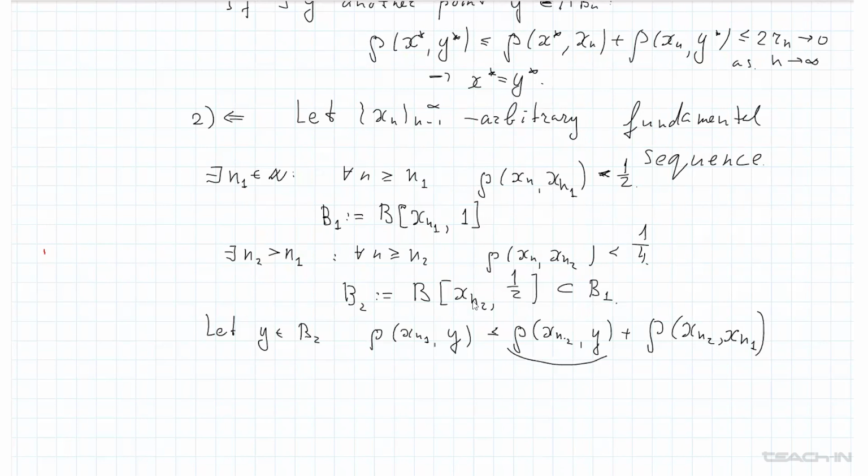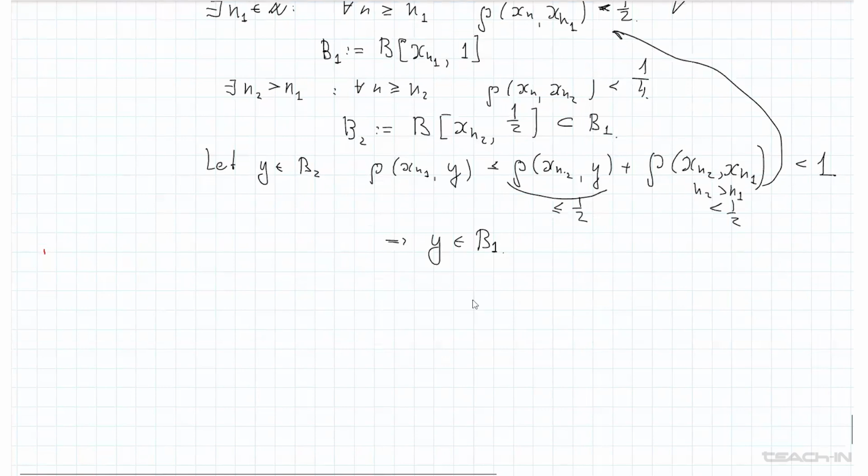This term, y belongs to second ball, radius equals 1/2, so it is less or equal 1/2. And here n2 greater than n1, and look at here, it is less than 1/2, so sum less than 1. So we obtain that y belongs to B1.